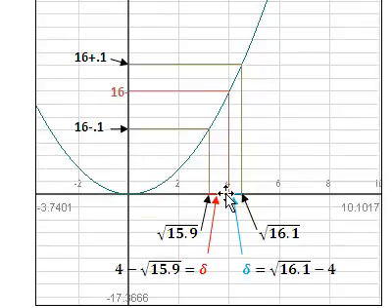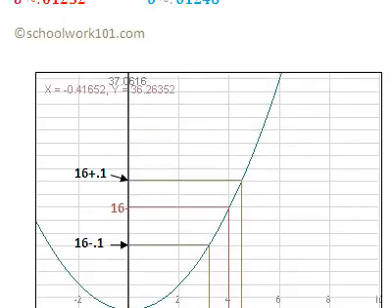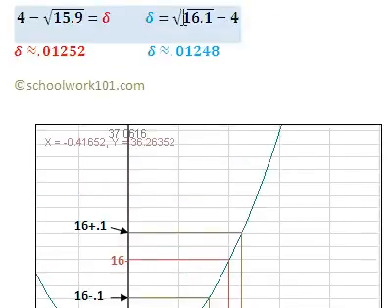Okay, so here is where the c is located, and this, as you can see here, is the blue delta, which is the 16.1 minus 4. Let's go back up here. That would be this guy here, which remember was equal to this number.